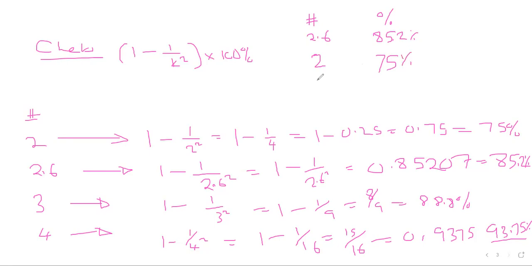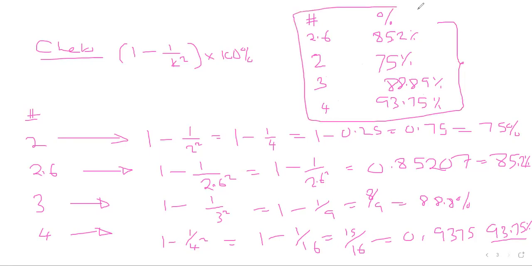If it's 3, what are we getting? 88.88%. If it's 4, 93.75%. So these are the percentages we have using Chebychev's rule, remembering the formula being as such. Any questions before I proceed?